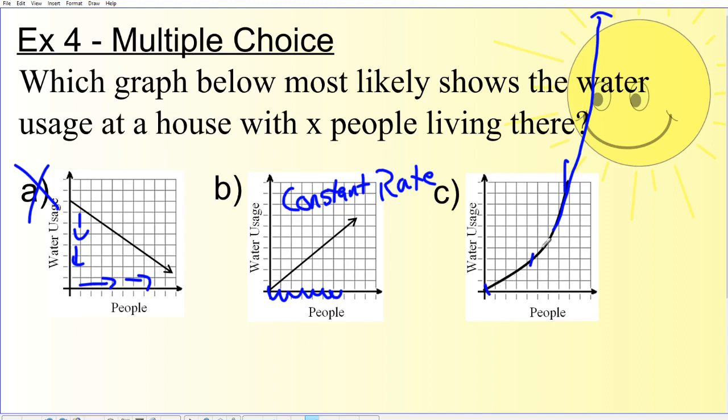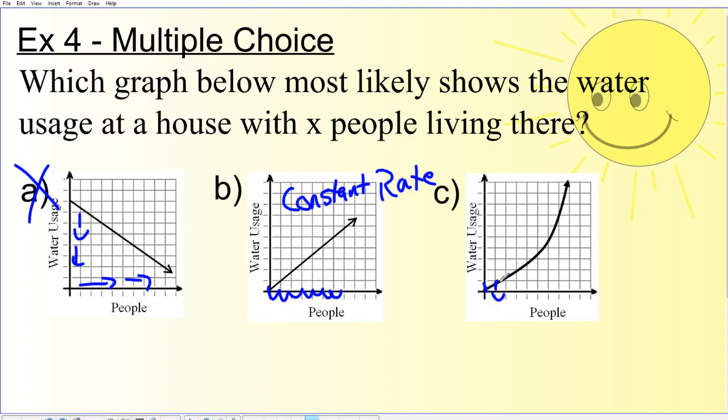This is non-linear, not constant. So each person uses more water than the person before them. Which one do you think makes more sense? Everybody uses the same amount of water, or each time you add another person, they use more water than the person before them? Because look, this person doesn't use a whole lot of water.